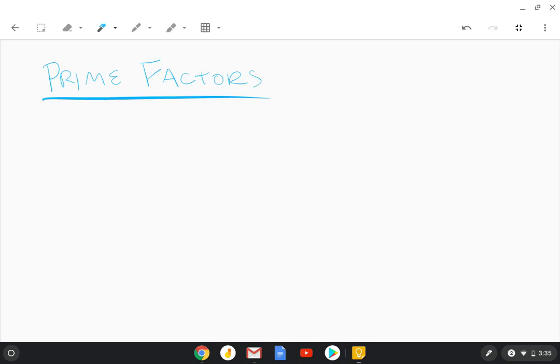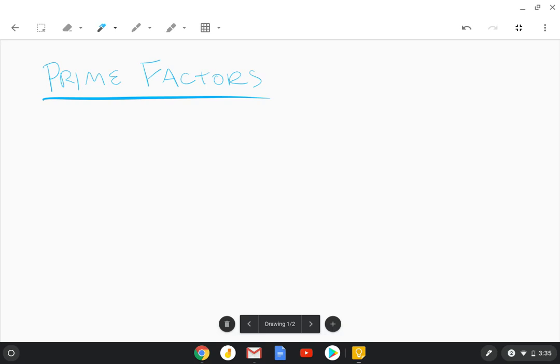Let me erase that. And let's talk through what it means to do what they call prime factorization. I'll just put prime factors. So prime factors are when we take a number that we know is not prime, like maybe even a large number, and we break it down into its prime parts.